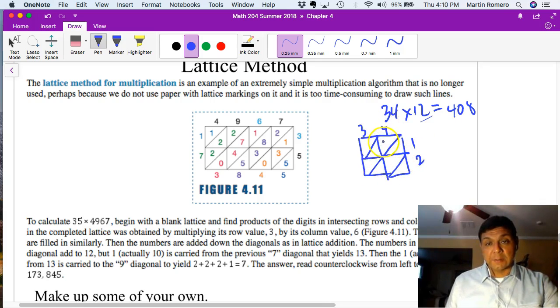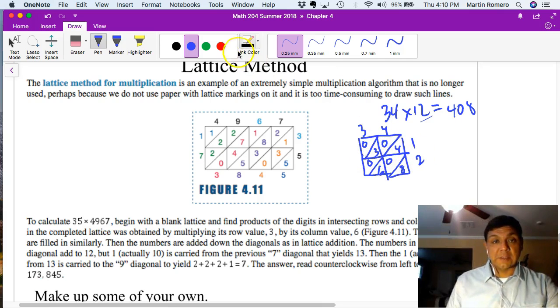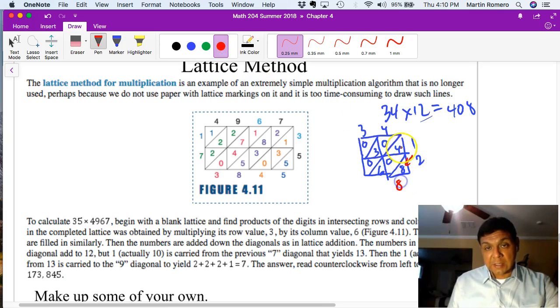And then you have 4 times 1 is 0, 4. 4 times 2 is 0, 8. 3 times 1 is 0, 3. 3 times 2 is 0, 6. You put those answers in there, and then you add diagonally. So this would be an 8. 4 plus 6 is 10. Carry the 1 because we're adding diagonally. 1 plus 3 is 4. And so there's your answer, 408.